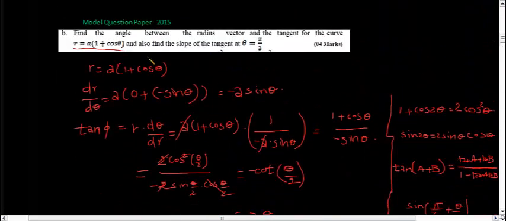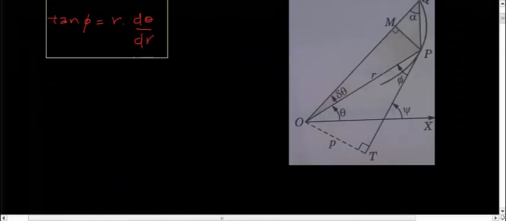It is also asking for the slope of the tangent at theta is equal to pi by 3. Slope of the tangent, let us go back to this figure. Slope of the tangent is tan psi. We are supposed to find out tan psi. We know this.